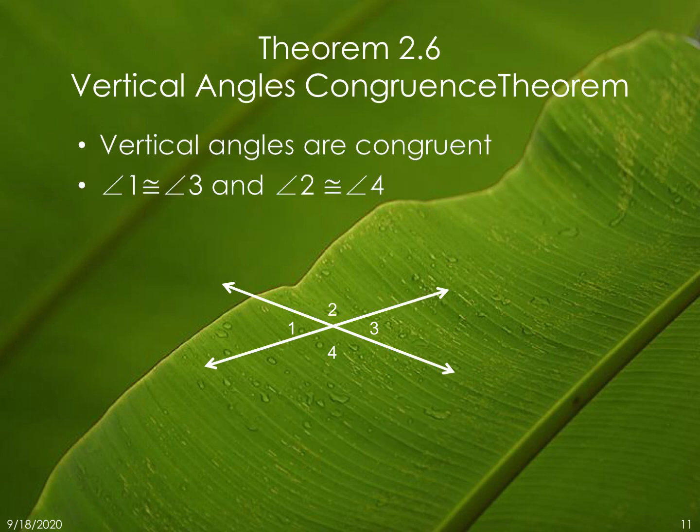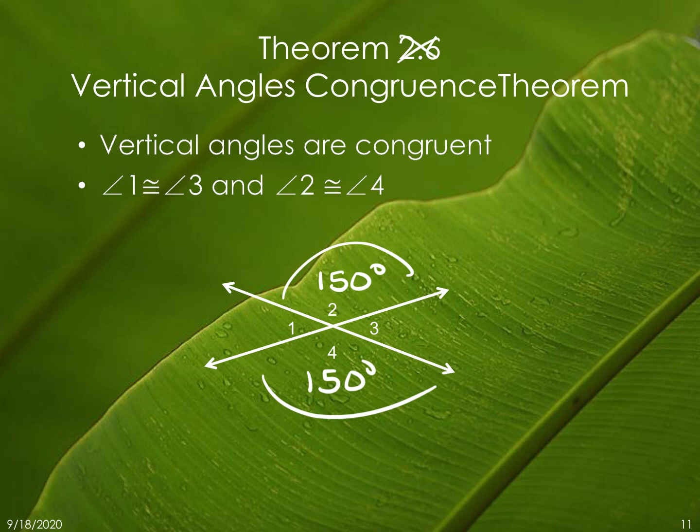So our vertical angles congruence theorem, again, don't memorize the number, tells us that vertical angles are congruent. So if in this picture, I told you that the measure of angle 2 was 150 degrees, then the angle that's vertical to that is 4, and it would also be 150.